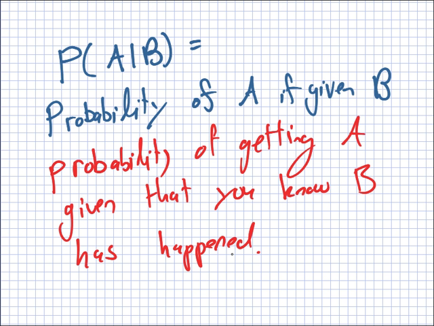So you know B has happened, and you want to know what's the chances that A will happen. It's like what's the chances it'll rain tomorrow, given that you've just experienced rain today, as an example.